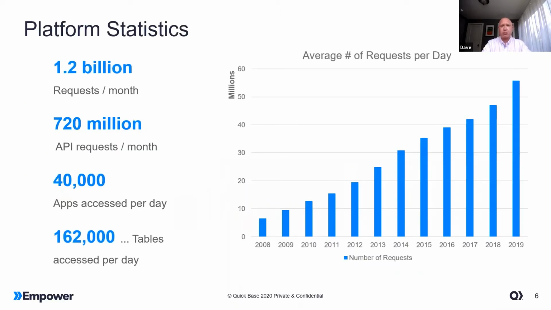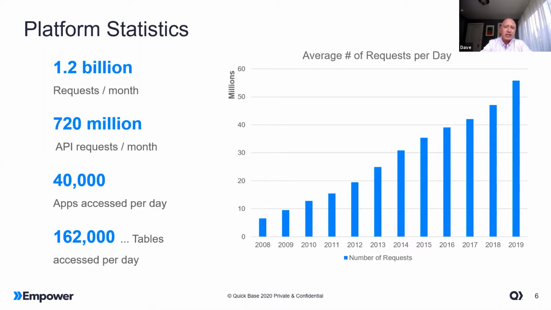So, state of performance. How is QuickBase doing? QuickBase, as its name implies, is incredibly fast. Just a couple of key statistics to call out on this slide: over 1 billion requests every month are processed through the QuickBase platform, which is tremendous. We do about 720 million API requests a month, and 40,000 applications are accessed every single day on the platform.